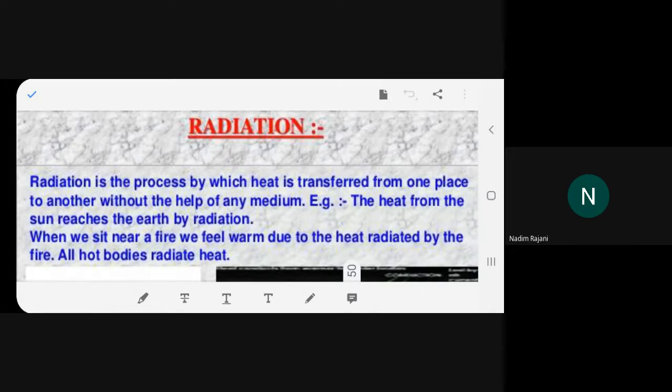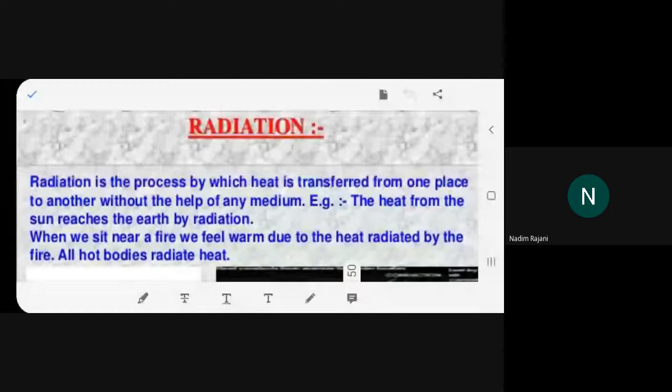So what is this radiation? Heat is transferred from one place to another. You don't require any medium. It is just coming from one place to another. So from the sun, which is far away from us, we are still getting the radiation. Also, when you're sitting near the fire, maybe during winter, you can feel the warmth.